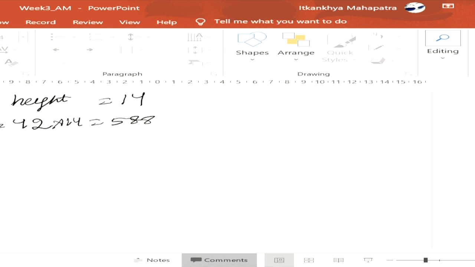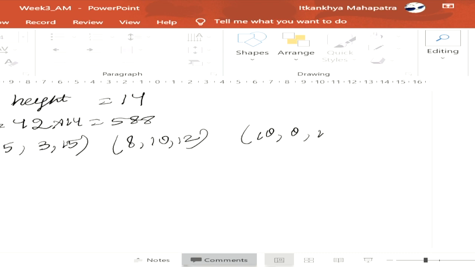Now similarly for the triangle 3, we have the coordinates 15, 3, 15, 8, 10, 12, 10, 0, 10.